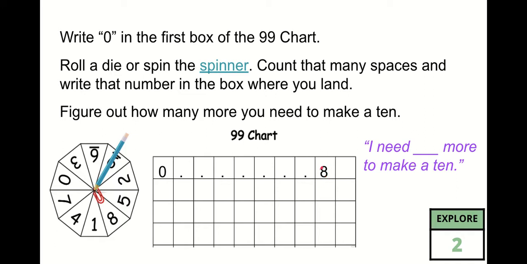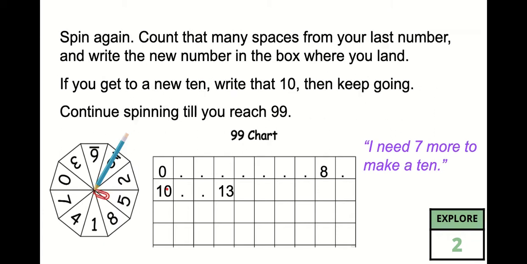So let's see what we get. Let's start from 8 and keep counting. 8, 9, 10. So how many more spaces do we need to get 10? 1, 2. All right. So 2 more spaces to make a 10.